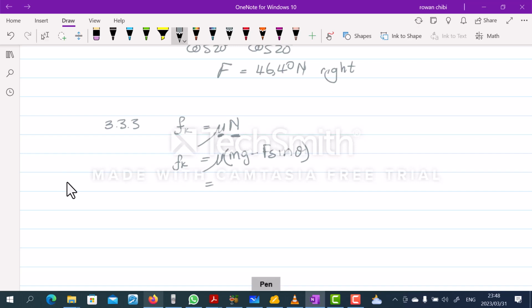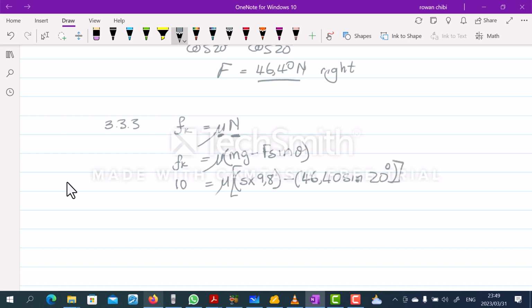The value for the frictional force is 10, the magnitude, we want the kinetic frictional force. Mg is 5 times 9,8 minus Fx. We do know Fx now, it is 46,40 sine, the angle is still 20 degrees.